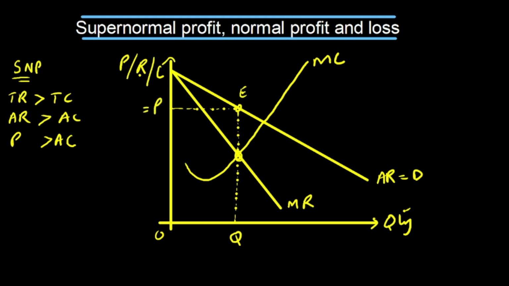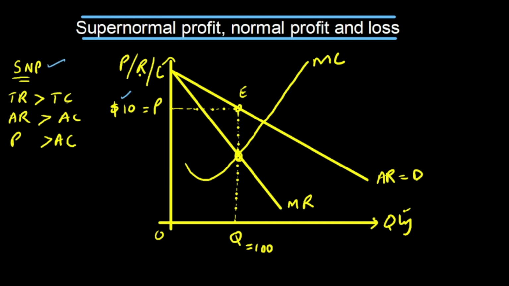And let's assume price is equal to $10, right? Similarly, if we put a number on quantity as well, let's say this is 100 quantity. So now we have price $10 and quantity sold 100 units.